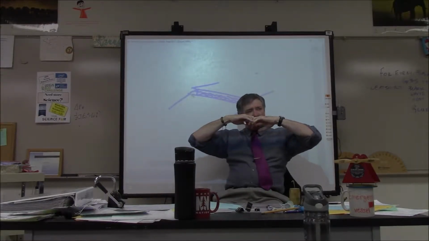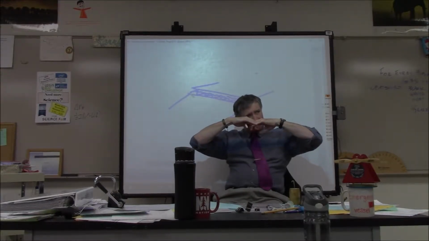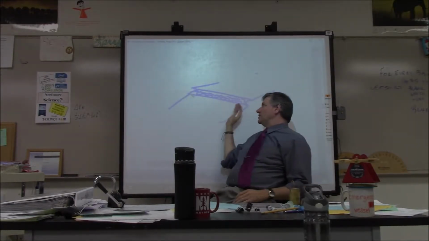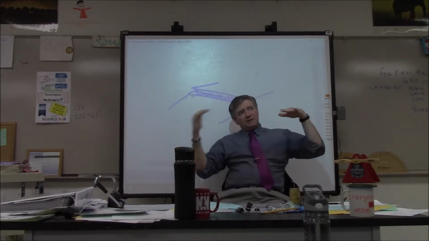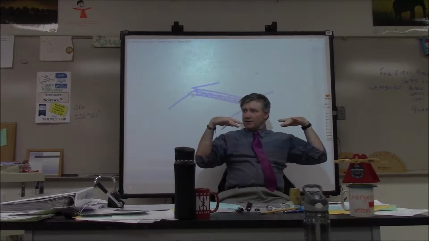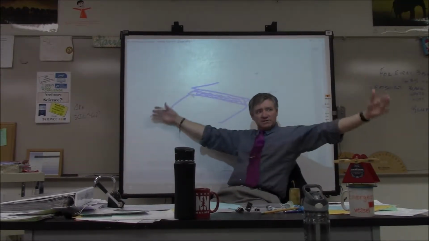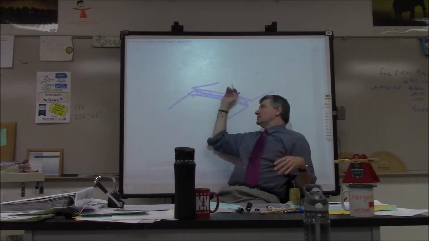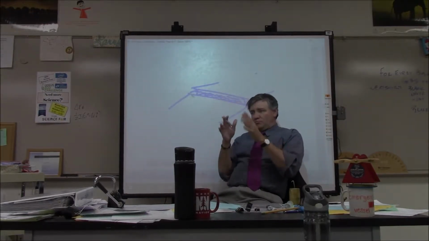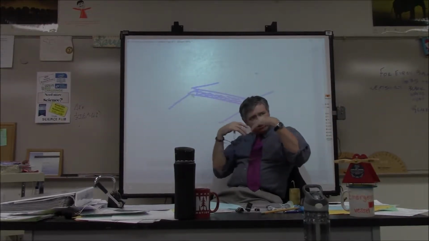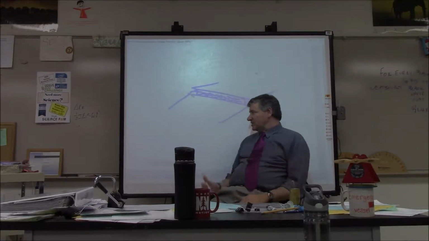That way, as the bridge expands and contracts, the sections can slide past each other, yet you have a small enough gap that people can drive over it without any problems. This is why you don't pour these bridges in one big section. This is why you break them up and give them these expansion joints where they can move and flex.